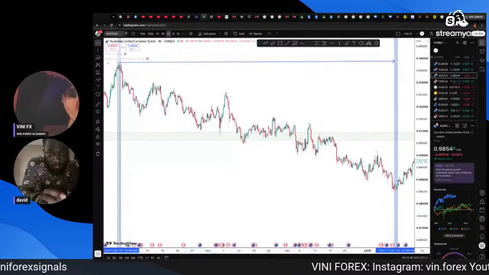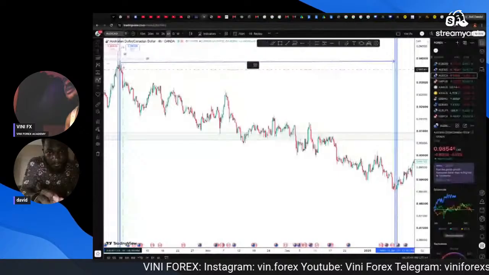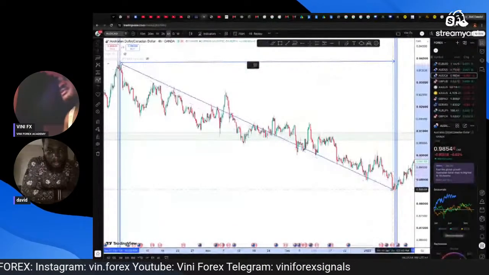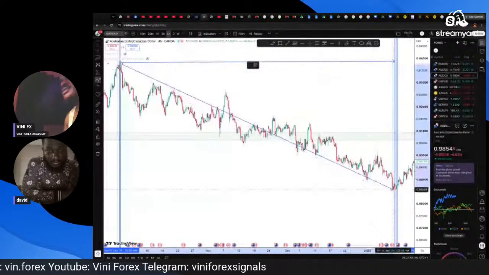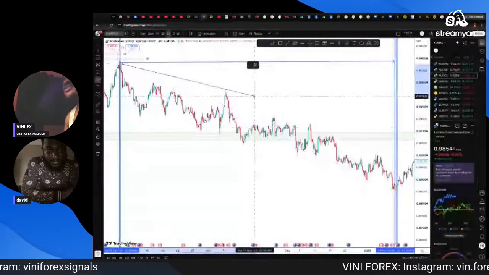It's going down. This chart is going down because it's looking like this. It's pointing to the downside. Is that correct? Yes, sir. It's pointing to the downside.